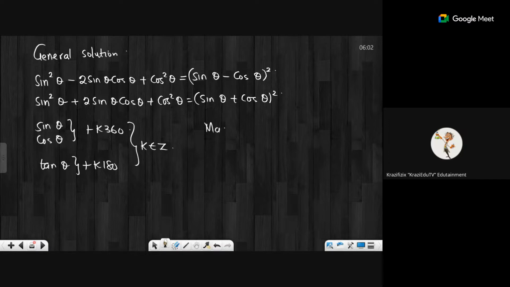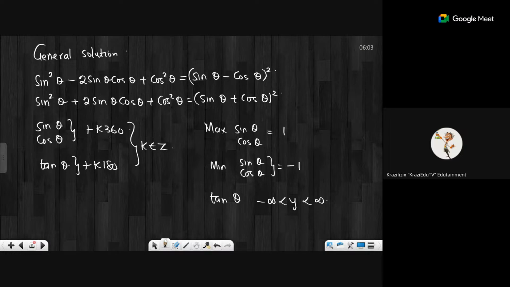The maximum of sine theta and cos theta is 1, and the minimum, and for tan theta, it is negative infinity. Right, guys, you can take this, arm yourselves, and keep working, practicing those videos.